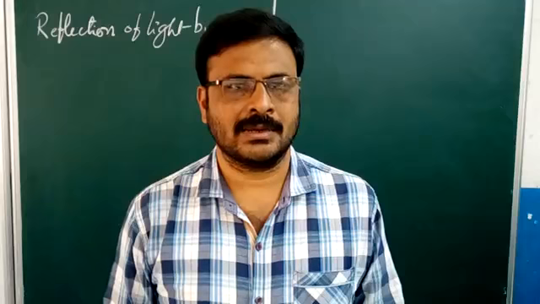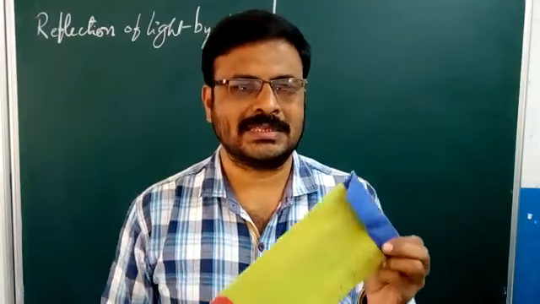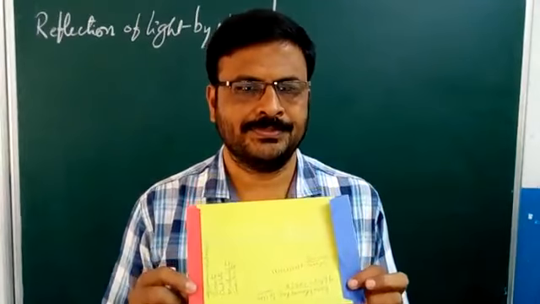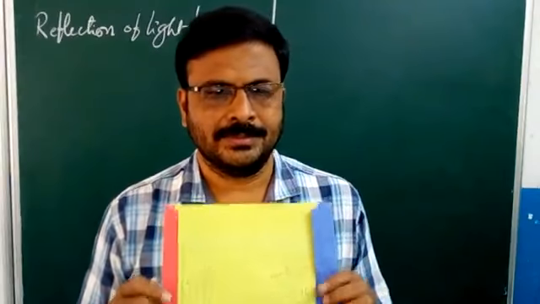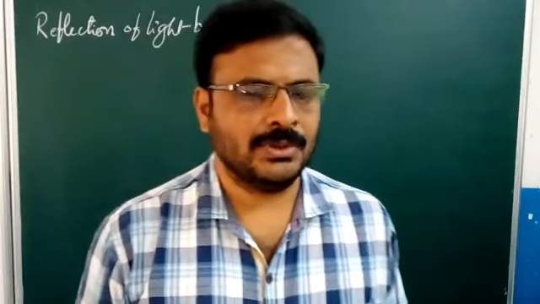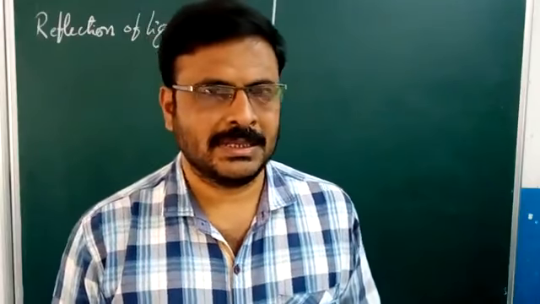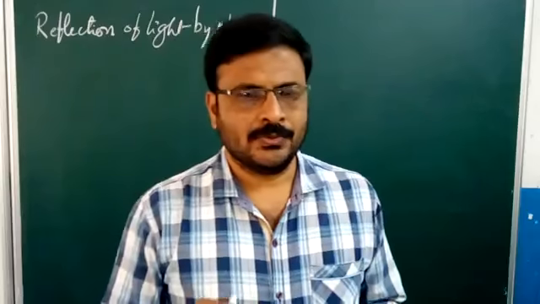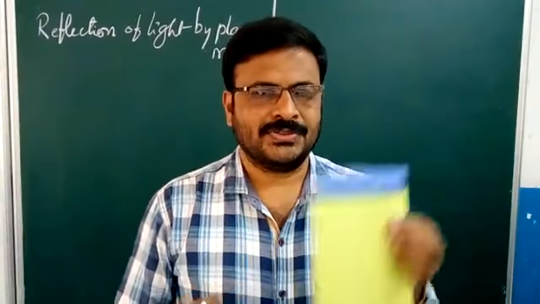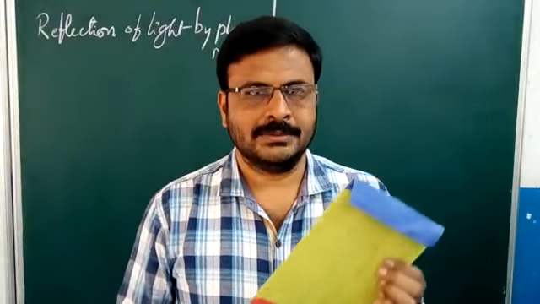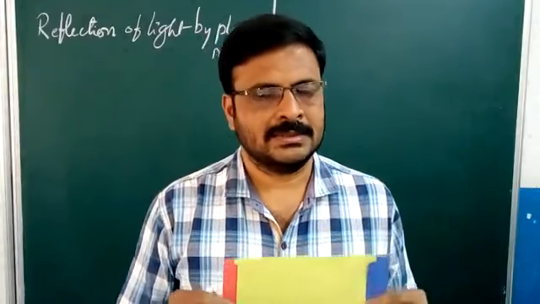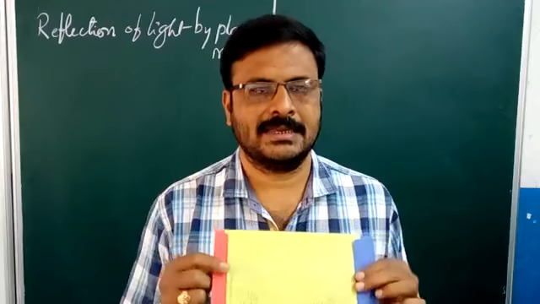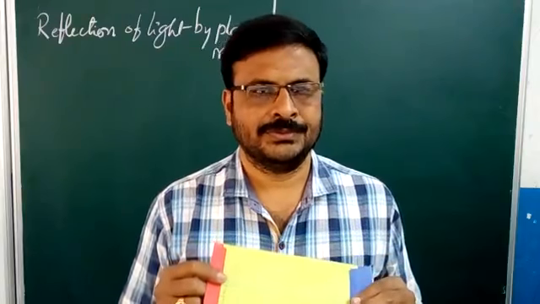The materials are: a mirror strip, drawing board, white papers, pins, clamps, scale and pencil. All these things you require. We assume this as your mirror so that you can understand it well.